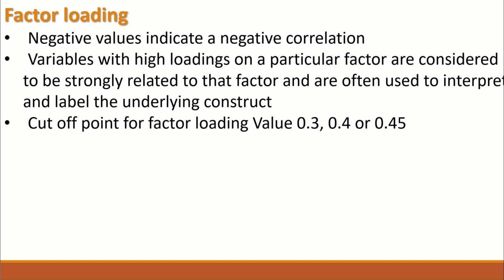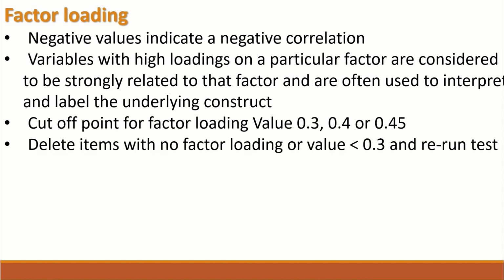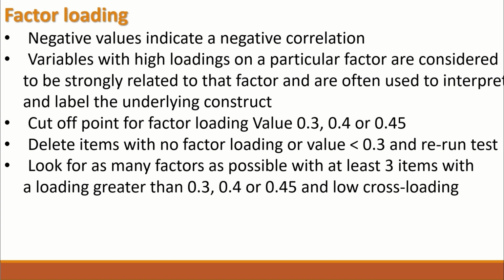The cutoff point for factor loading usually taken is either 0.3, 0.4 or 0.45, and the way is to delete the items that have no loading or don't load into any factors, or have a value of less than 0.3, and then the test has to be rerun. So look for any factors that have at least 3 items with a loading greater than 0.3, 0.4 or 0.45 and low cross loading.